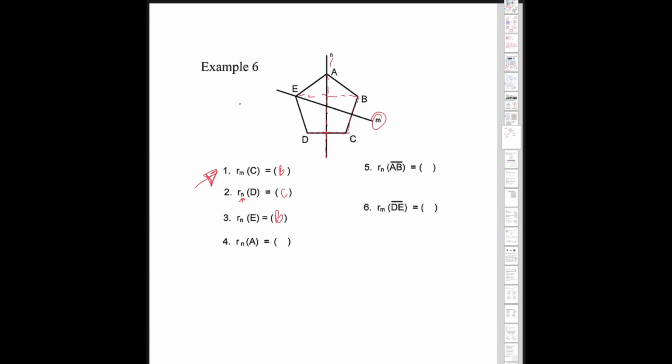For 4, we're reflecting A across line N. So let me erase here so we don't see these lines. We are reflecting A across line N. A ends up on line N, so it is the same exact point A. Now for this one, we're reflecting AB, which is a side, across line N. So if you flipped this over and folded up a piece of paper, it would end up where EA is.